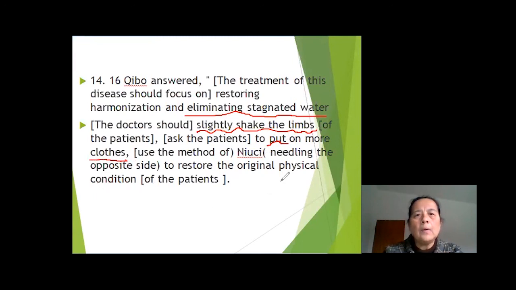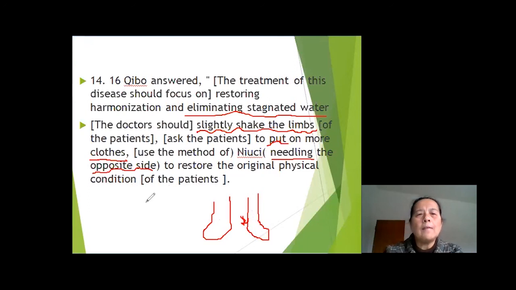Then use acupuncture needles on the opposite side. If the patient has a swollen leg on the right side but the left side is still normal, we needle the normal side, the opposite side, to recover their normal condition.